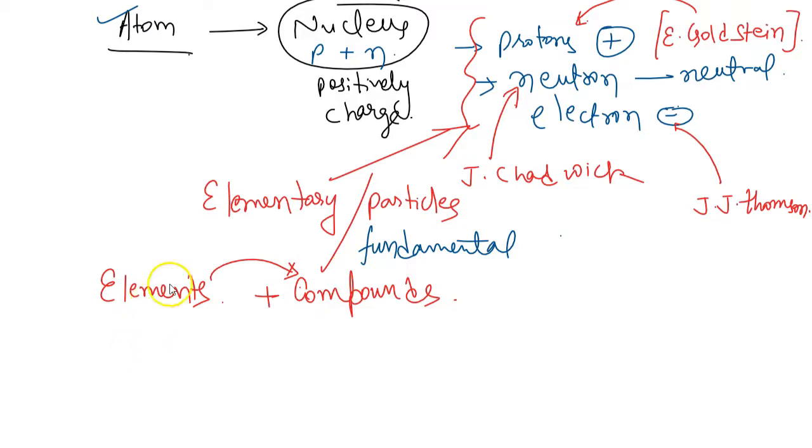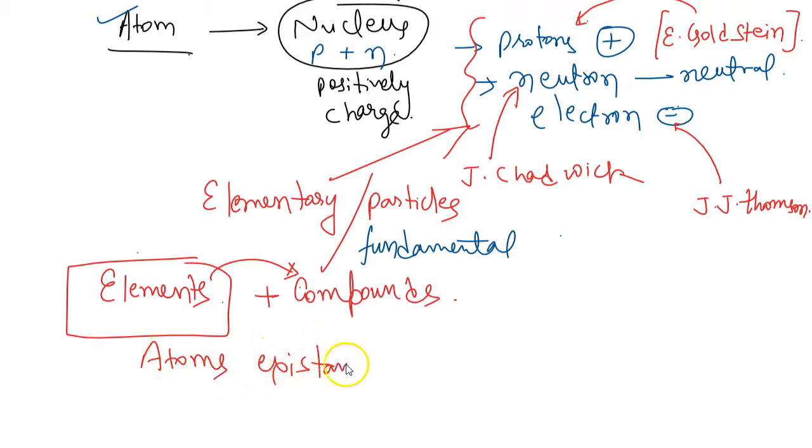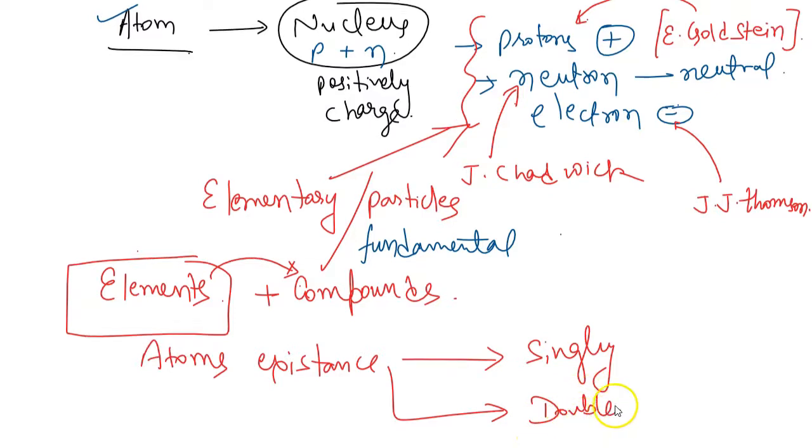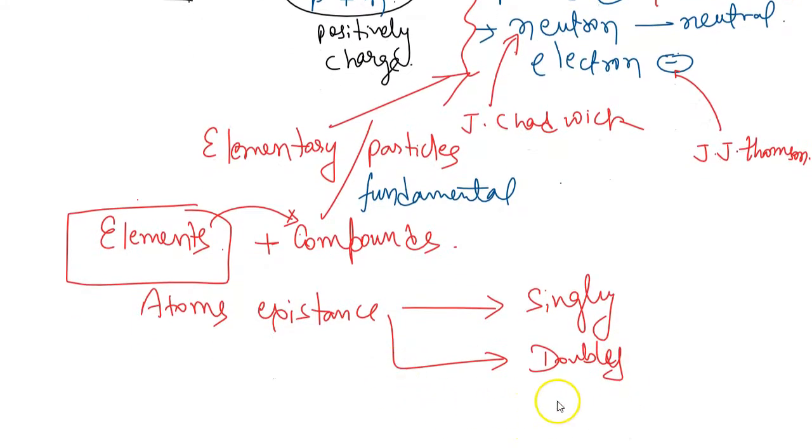In the same manner, if I talk about element, there are certain elements whose atoms exist singly, or they can be present in the form of a duet or a triplet. That means in short you can say atoms exist in the form of molecules.